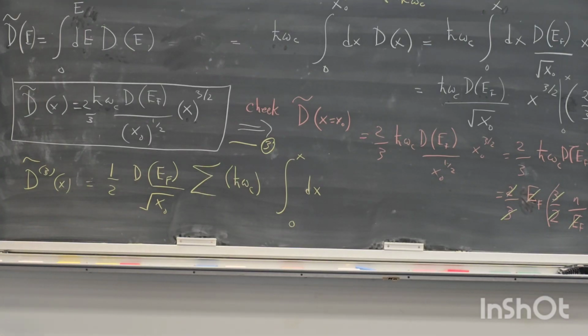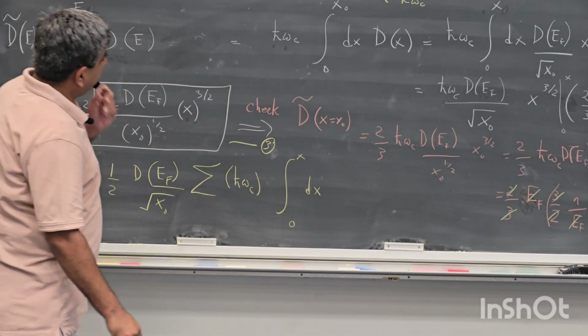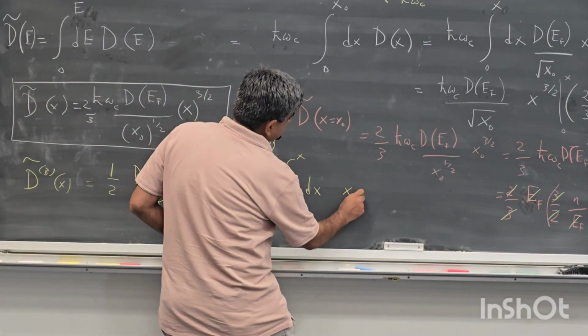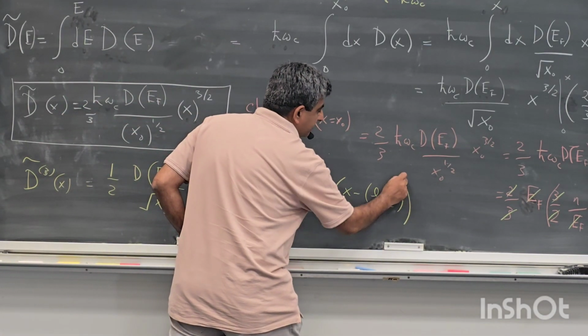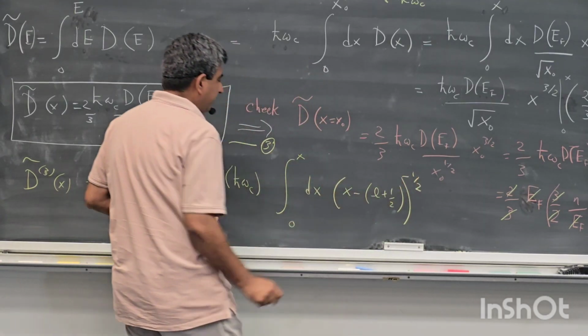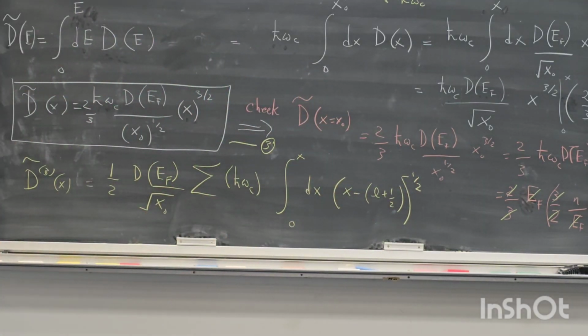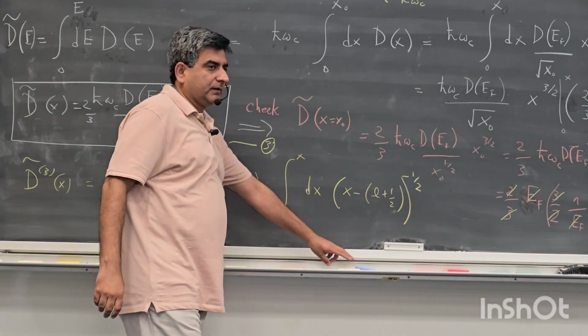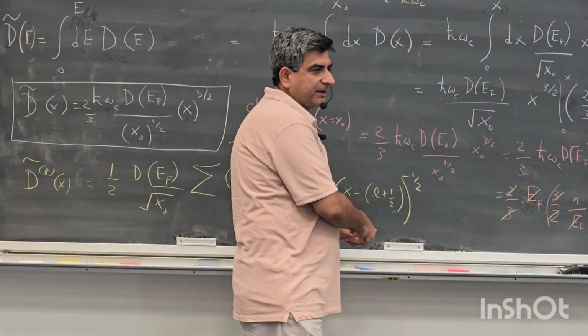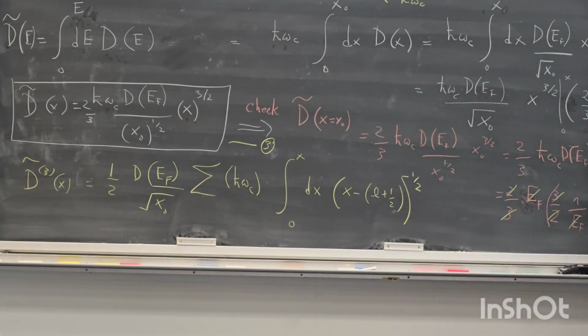Okay, some upper limit x, and we are left with x minus L plus half minus half. So we need to find out this integral. It's pretty simple. It's just an integral of a reciprocal square root function.